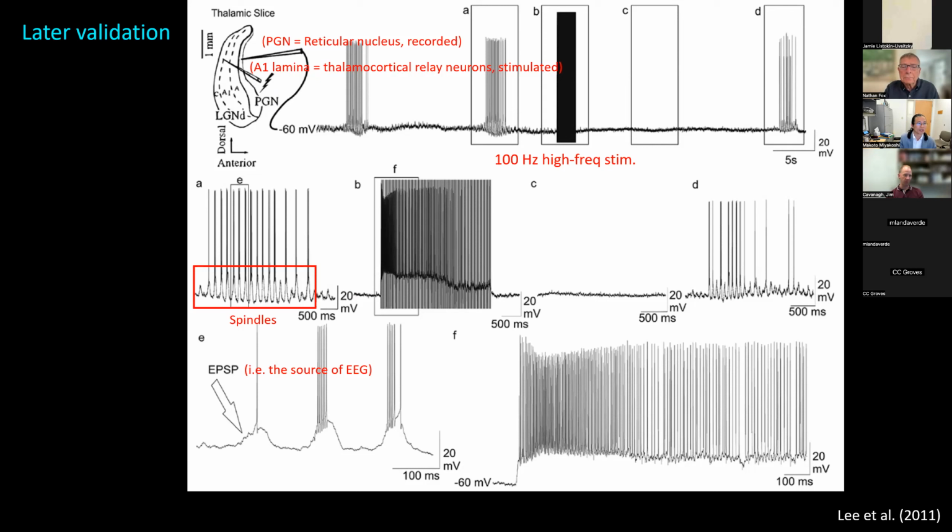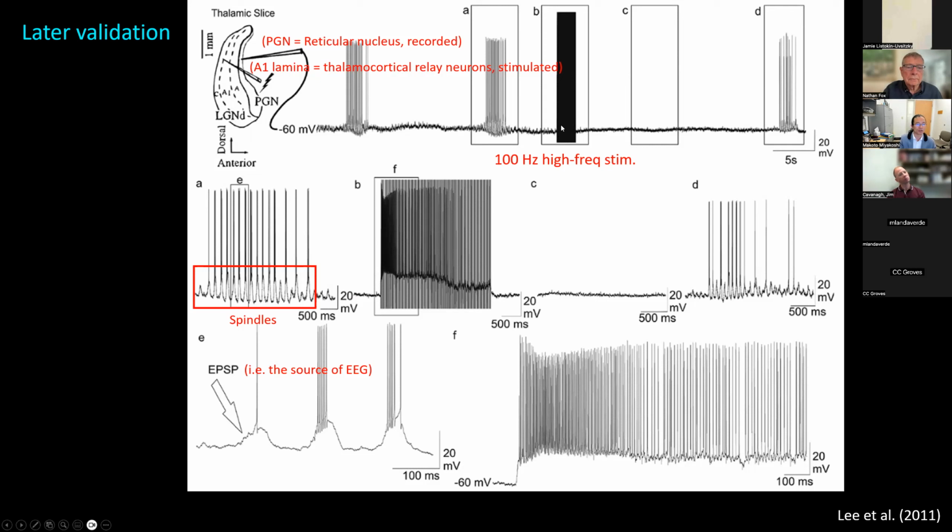The reticular nucleus is, again, a brake on the system. And this is before the electric delivery, and this is the stimulus delivery. So this is the model of deep brain stimulation, basically, using the ferret.